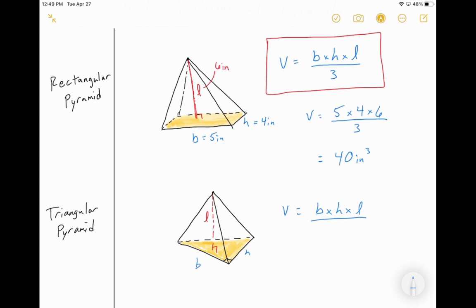For every rectangular pyramid, there are 2 triangular pyramids that fit into it, which means it took us 6 to fit inside. Does that make sense, right? We said there were 6. It took 6 of those to fill up the whole rectangular prism.